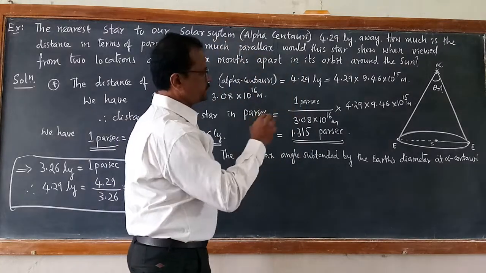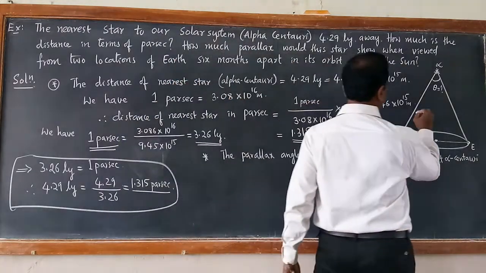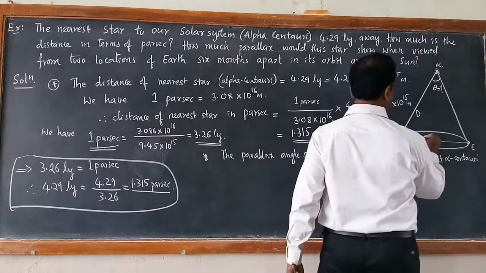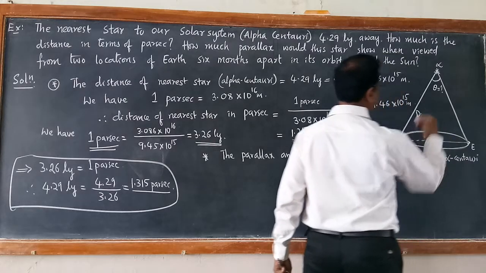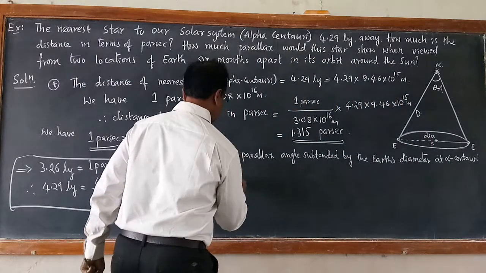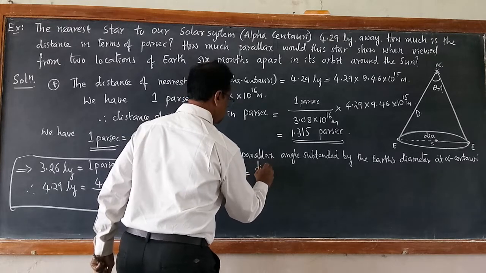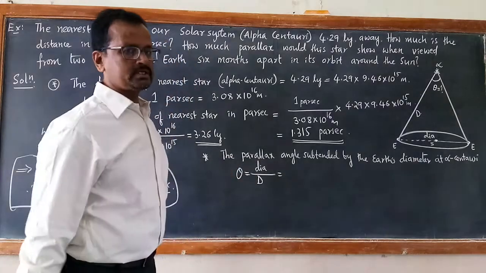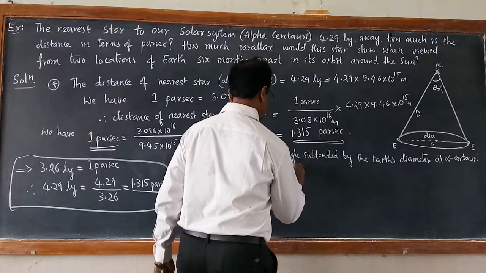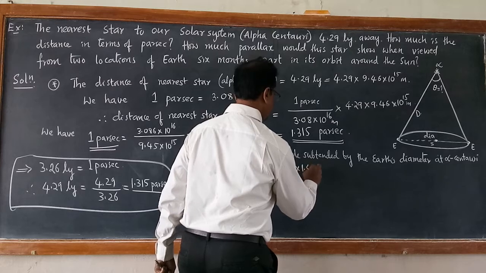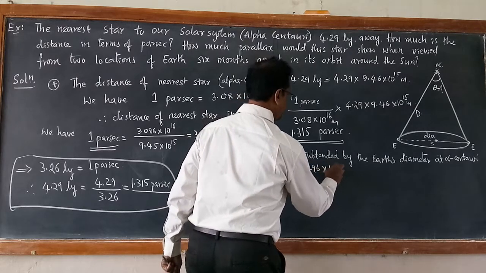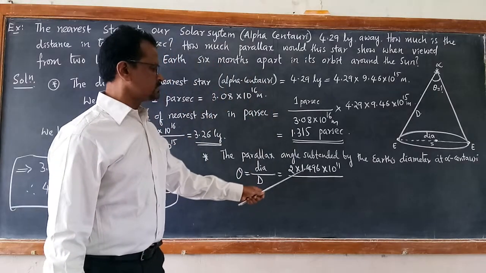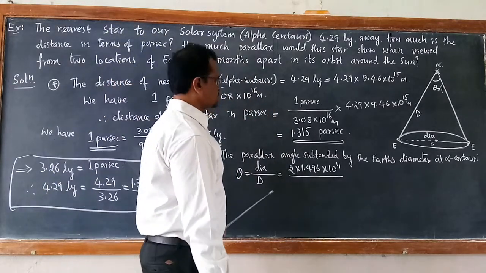By the same definition. This distance we already know. So diameter by distance gives us theta. Theta is equal to diameter divided by distance d. Diameter is 2 astronomical units, which means 2 into 1.496 into 10 to the power of 11 meter, since this is 1 astronomical unit.